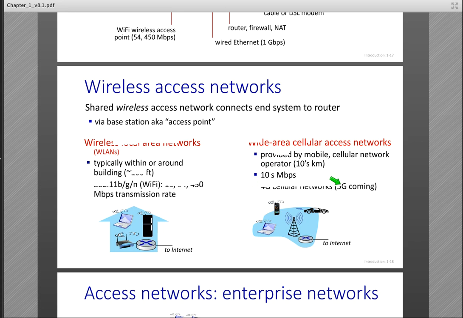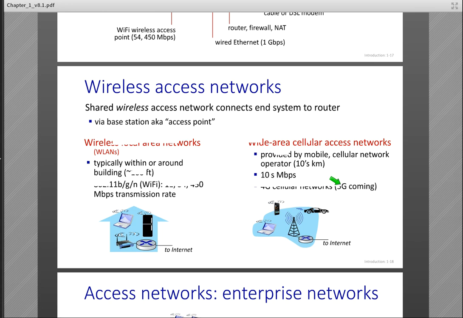Cellular wireless networks have different types, different generations. Currently, we are using the third and fourth generations, 3G and 4G wireless cellular networks. During the next years, 5G will be available in most countries.